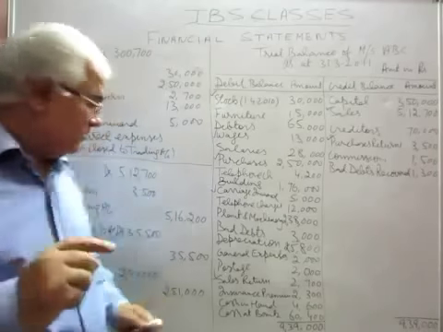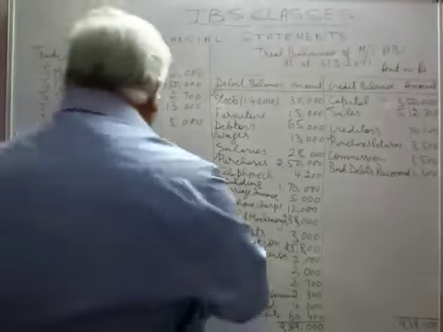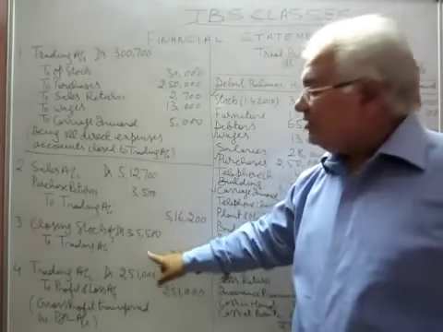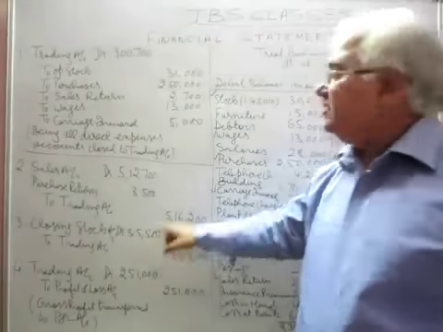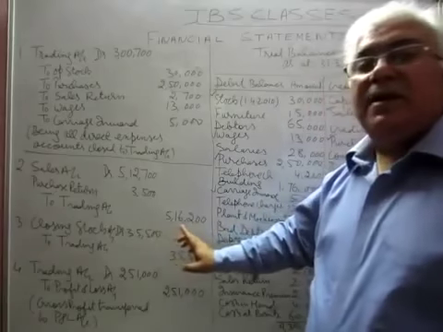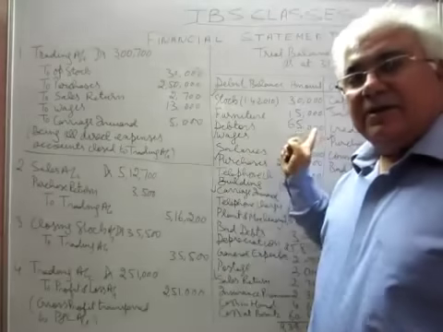Entry for closing stock is this one. Closing stock account debit to trading account. Because this entry is made after the preparation of trial balance, hence trading account does not appear in the trial balance.